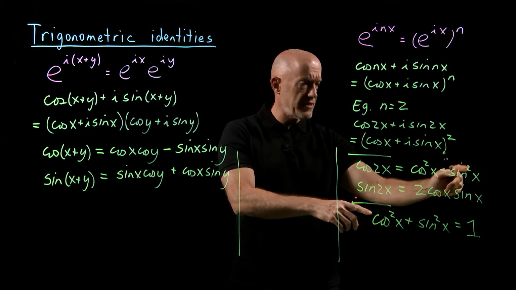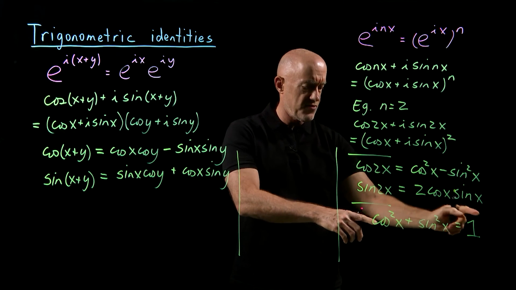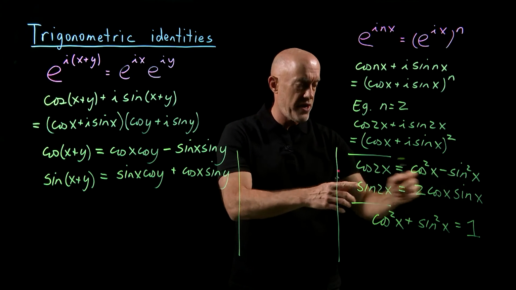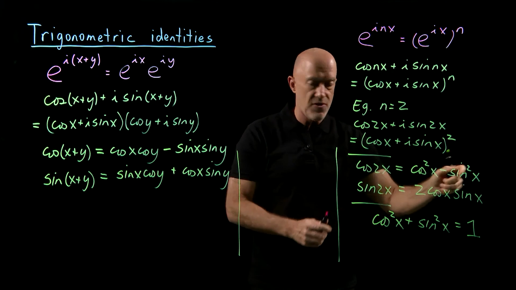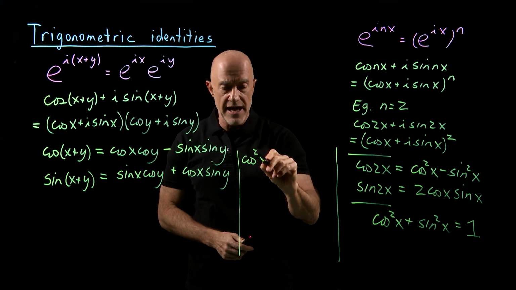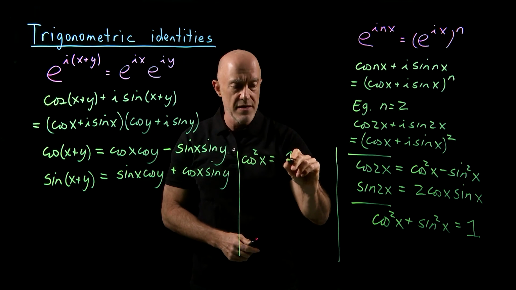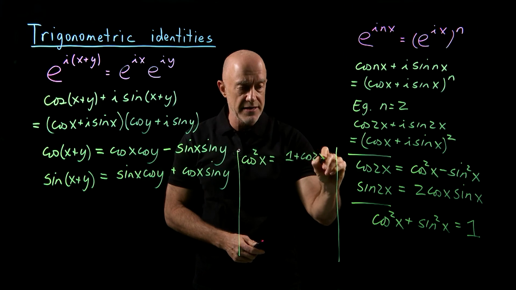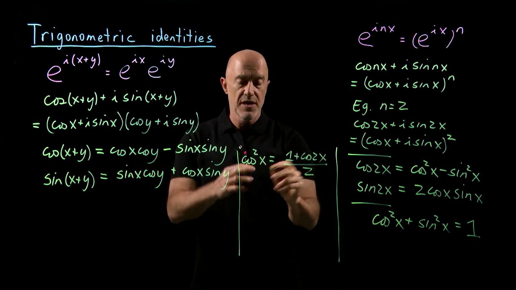We can eliminate sine squared by writing it as 1 minus cosine squared, and then we can solve for cosine squared x, and we obtain cosine squared x is equal to (1 plus cosine 2x) divided by 2, an identity we use for integration.